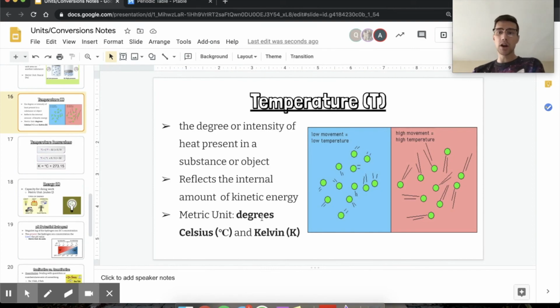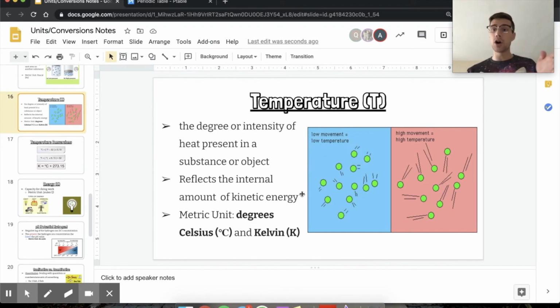Now, in America, we measure temperature in degrees Fahrenheit, right? Like, oh, it's 86 degrees Fahrenheit out right now. Now, in science, we don't use Fahrenheit because the scale is not very helpful to us. If you didn't already know, water boils at 100 degrees Celsius and it melts at 0 degrees Celsius.